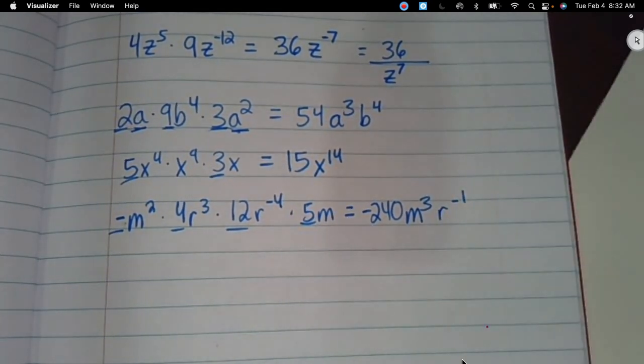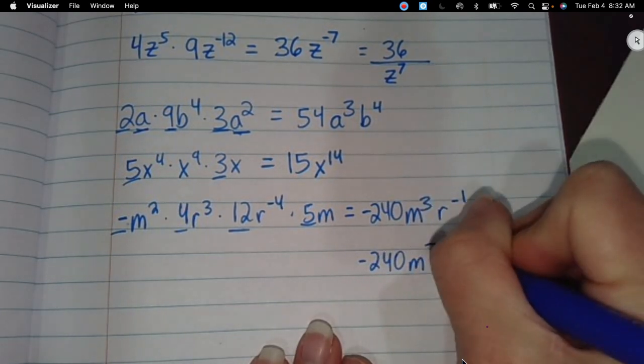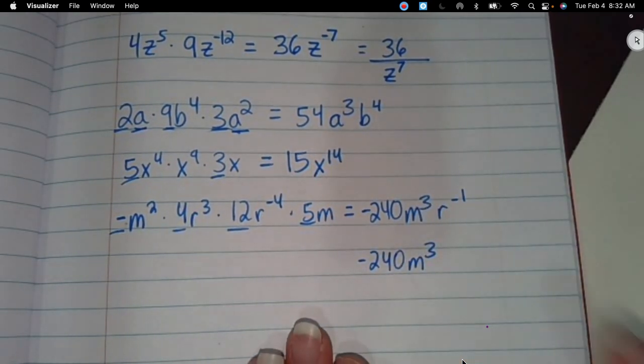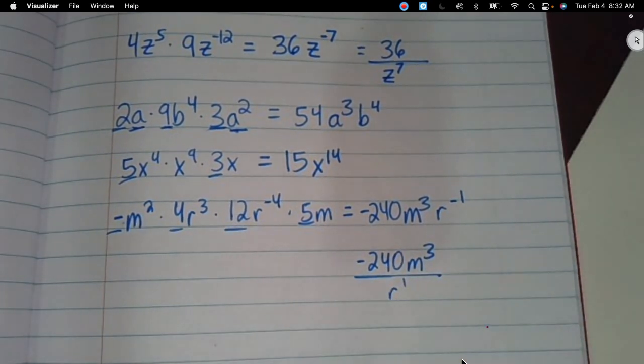There you go, -1. Am I done? Or this one has one more step. What do we have to do with the negative exponent? Move it. So I have -240 m to the 3rd. That looks great. Those stay. But since that has a negative exponent, I move it down there. And it would probably just say r. R to the 1 is r.